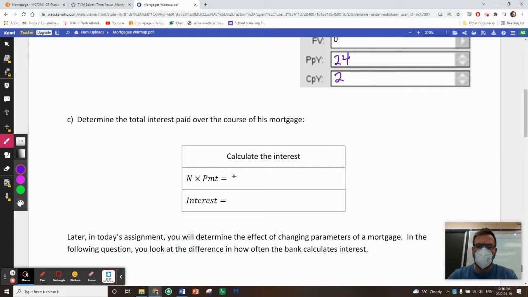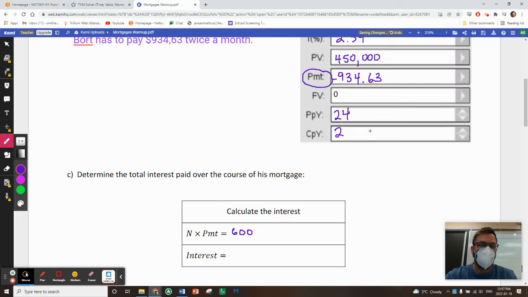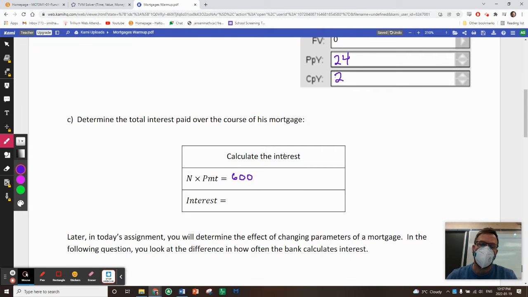So 600 payments of $934.63. Let's find out how much that is.